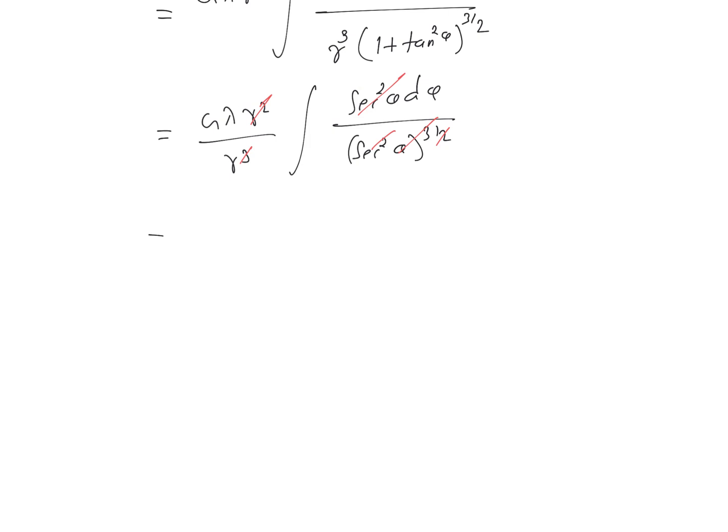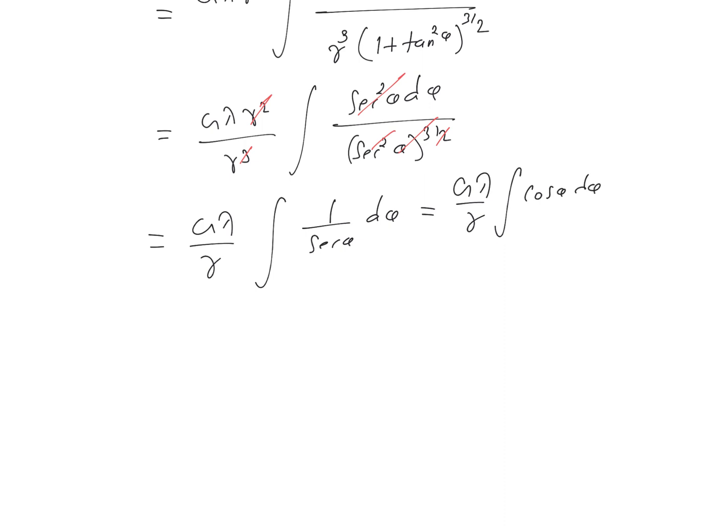So this is going to be g lambda divided by r into integration of 1 divided by sec theta d theta. And we know that reciprocal of sec theta is nothing but cos theta, so we can write integration of cos theta d theta.